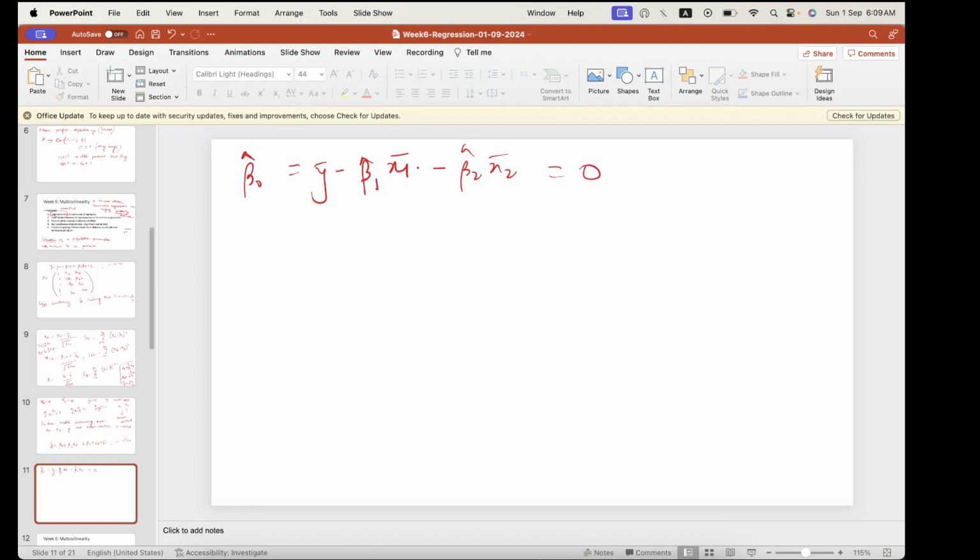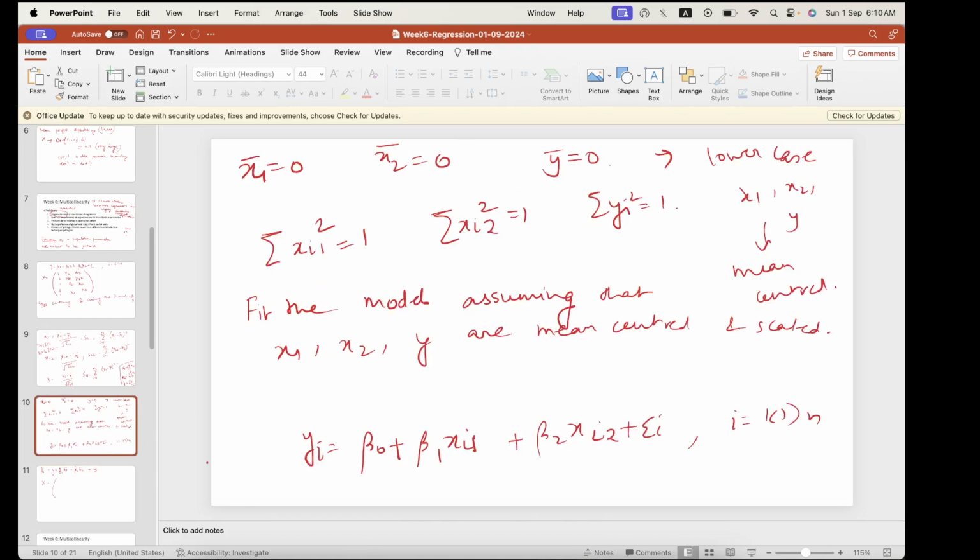So since beta naught hat becomes 0, we have a reduced X matrix, and we can just do away with the intercept term and fit a linear model with only these two x terms.